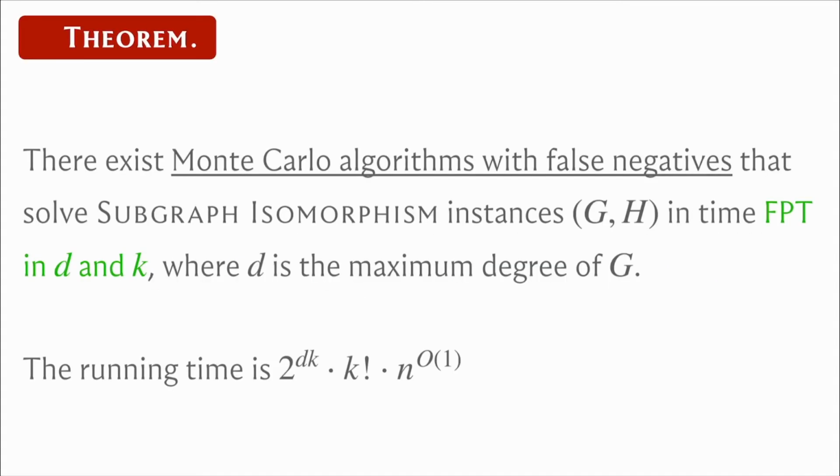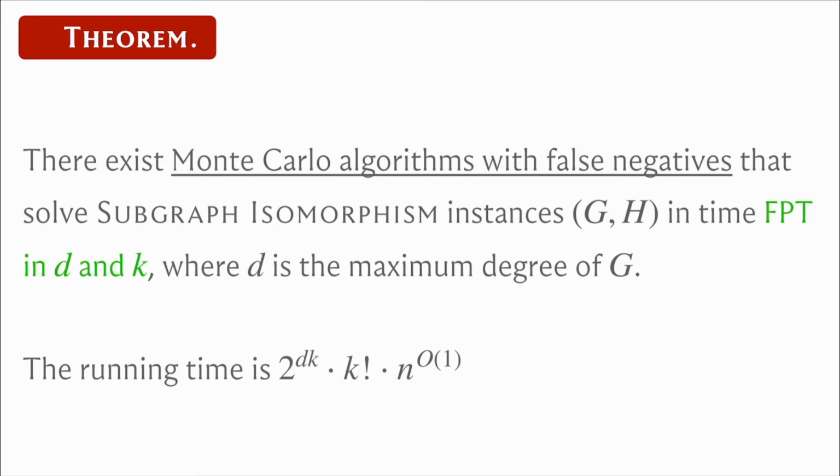In particular, we will show the following. As usual, we will want to come up with a randomized algorithm that has one-sided error, and specifically we will only report false negatives, and the running time of this algorithm is going to be FPT in d and k. The specific form of the running time is going to be 2^(dk) times k factorial with the usual polynomial overhead.